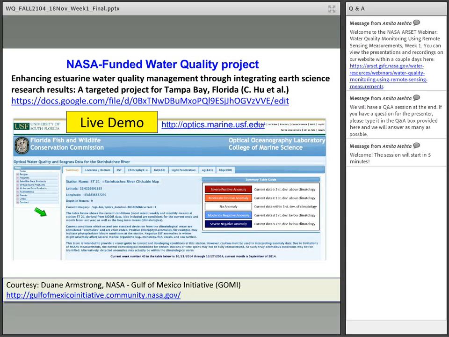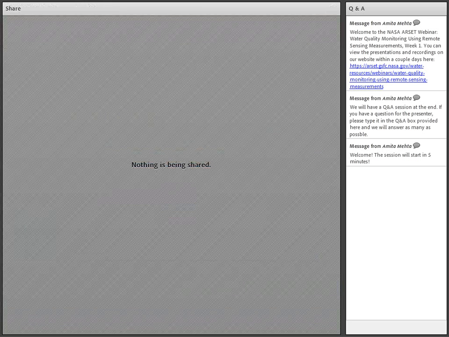So if you can bear with me for a few minutes, I want to show this site, how satellite data are used to monitor water quality. And I will share my desktop with you.